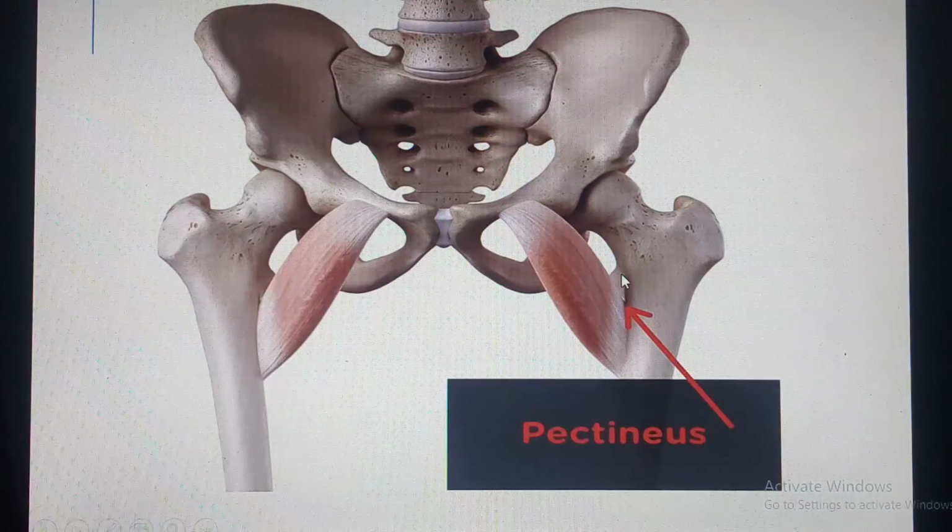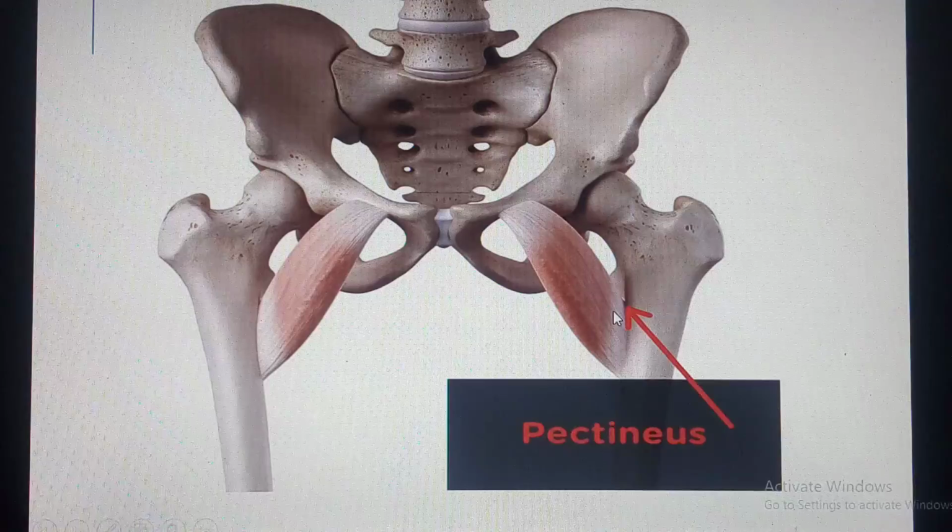So just below it, at the posterior aspect of the femur, is where the pectineus inserts. Of course, it's called pectineus because it originates from the pectineal line.